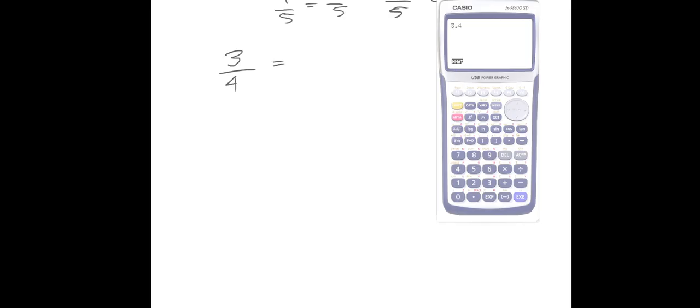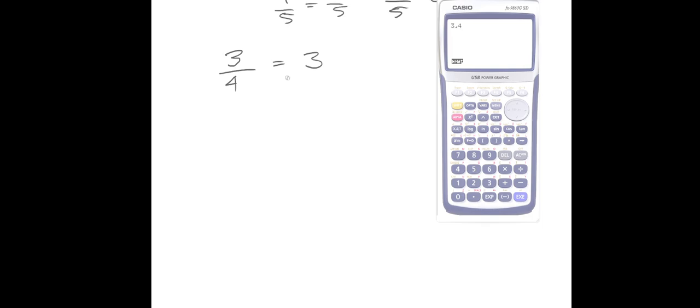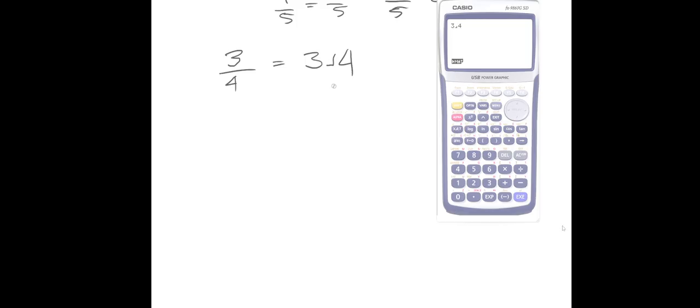The little thing that especially the older Casios have is this little symbol here, if you see it, that little angle thingy. That's the technical term for it, I think. Just really strange. The later Casios have them in normal form, the way that you'd write them here. 3 over 4, and I'm going to enter that.